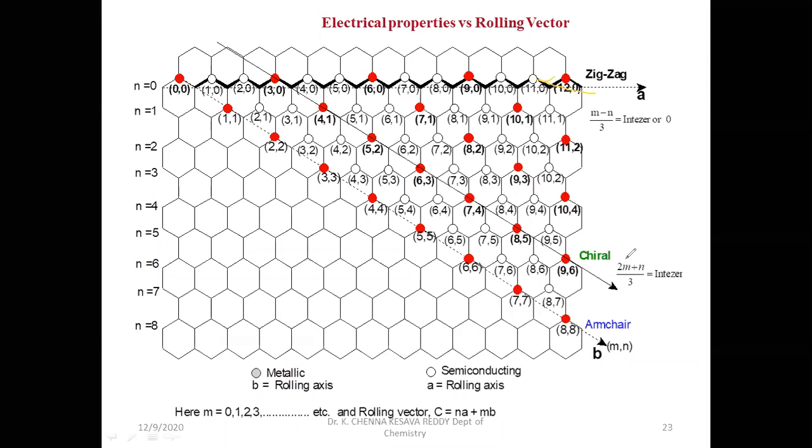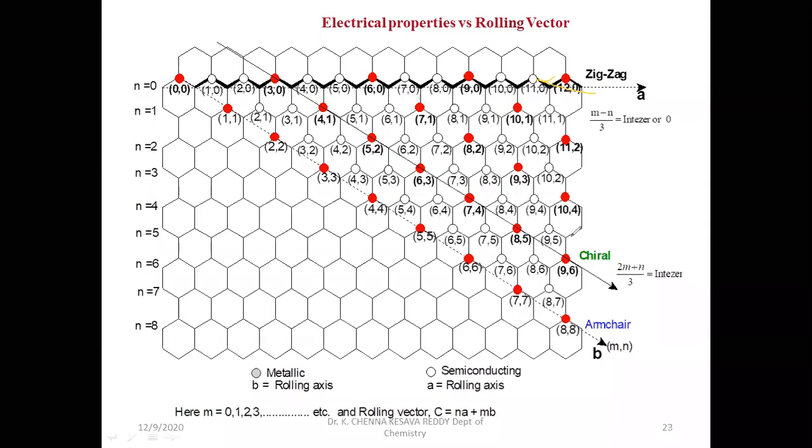Okay. Now this chiral carbon nanotube, if you are rolling in this direction, it will be metallic or conducting. But if the same arrow comes through these white color carbons, and you roll in this direction, what will happen? This chiral carbon nanotube will be semiconducting.